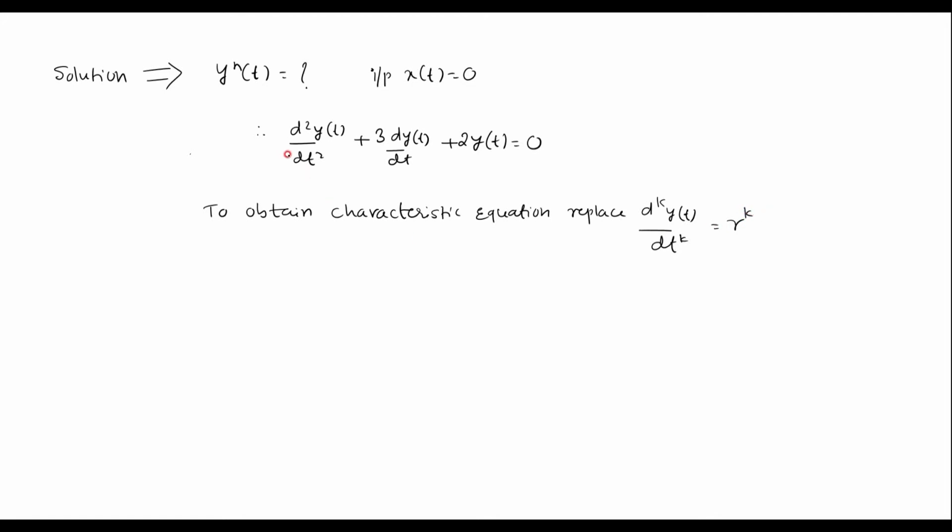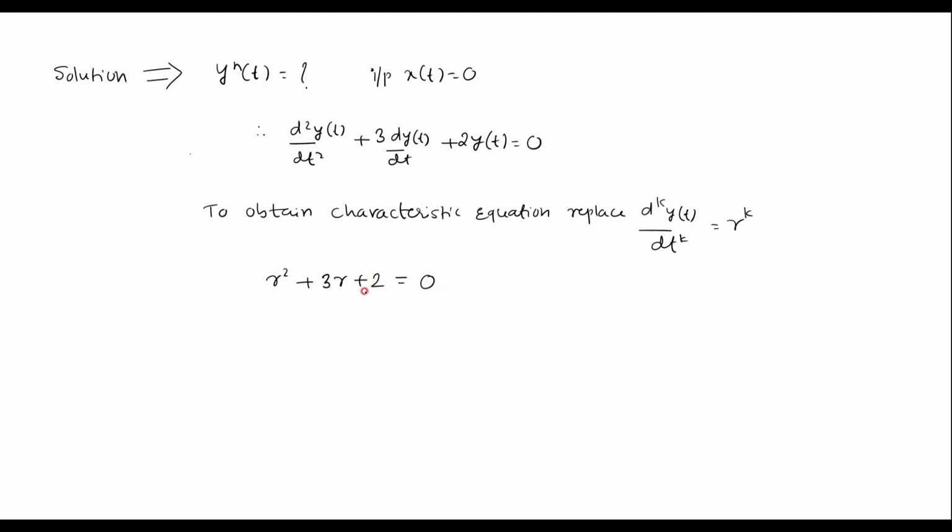With respect to the given equation, the highest k value is 2, so d²y(t)/dt² will be r², that is r square, plus 3 is a constant, this will become 3r, plus here it will become 2 as k is 0 in this case, so r^0 is 1, equal to 0. So this is the characteristic equation.